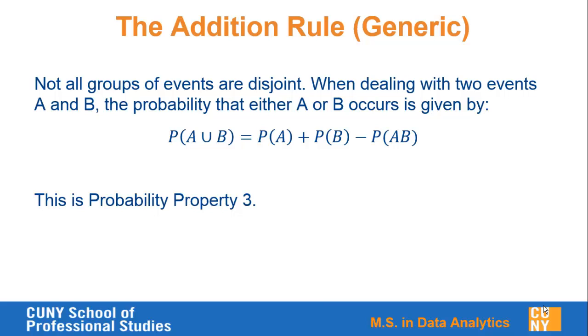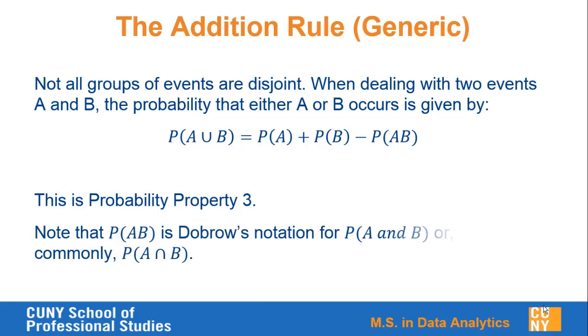If we add those two probabilities, some of that probability is being counted twice, and so we need to subtract it off once. Just a note on notation in Debreu's book, he uses the probability of AB to indicate the probability that both A and B occur. That's more commonly done as the probability of A intersection B, but his notation is a little bit more concise.